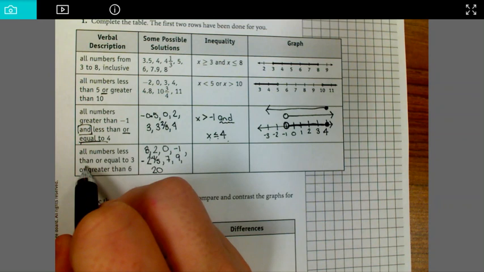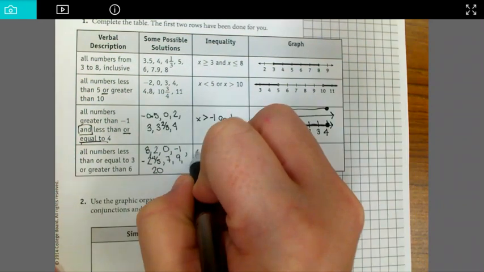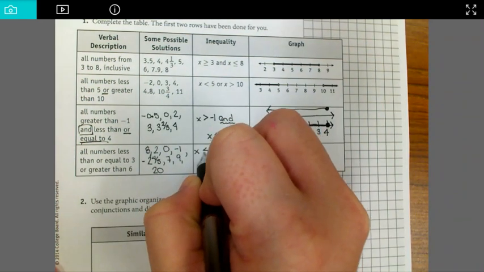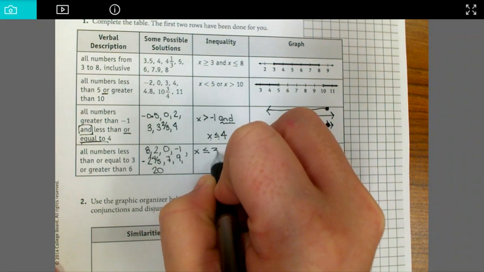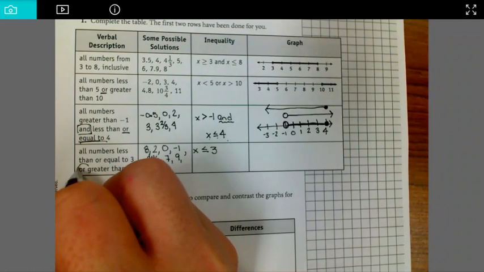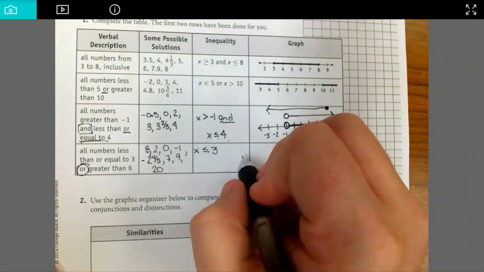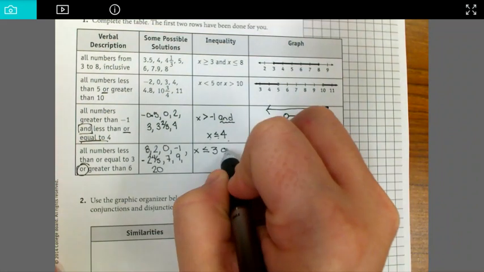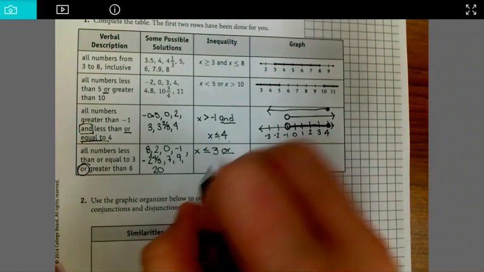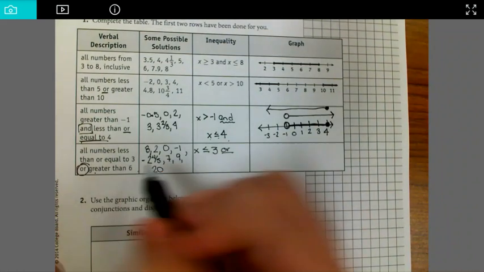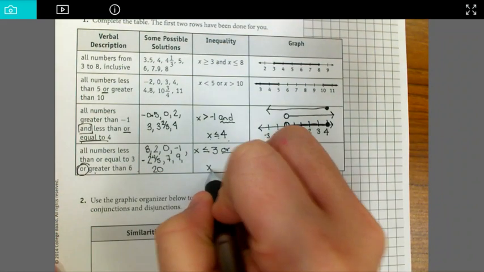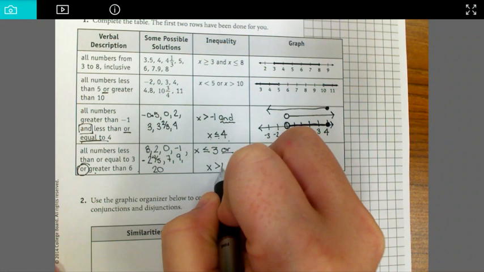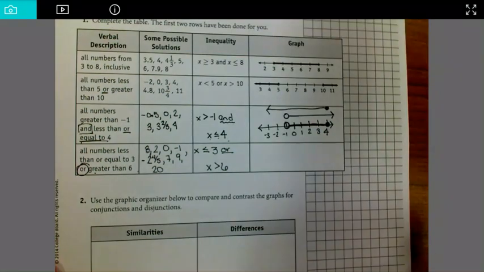Less than or equal to 3. So x less than or equal to 3. Notice this keyword in the middle, or. Numbers greater than 6. So I would write x greater than 6.